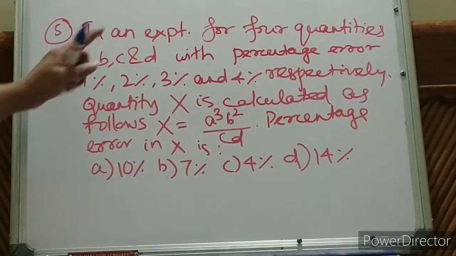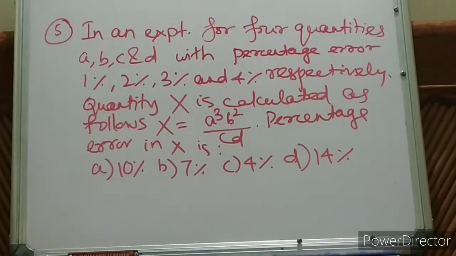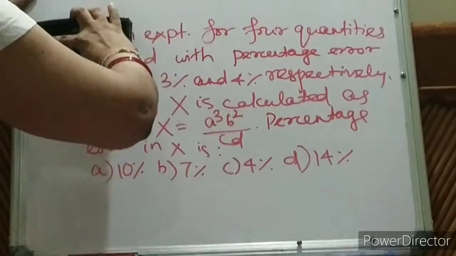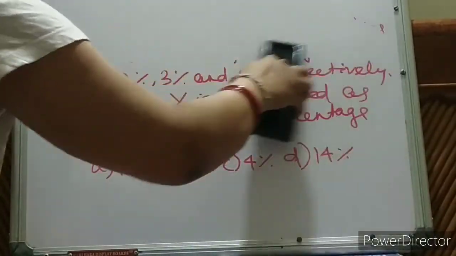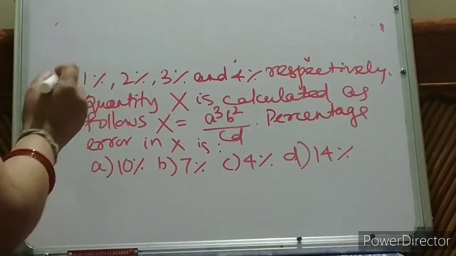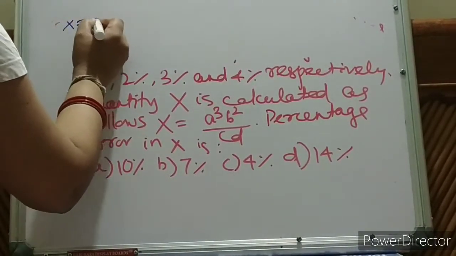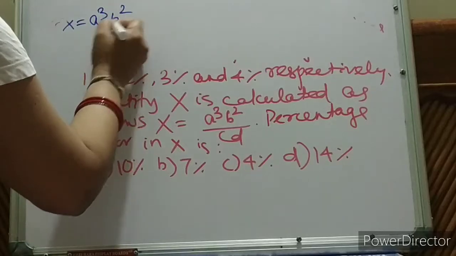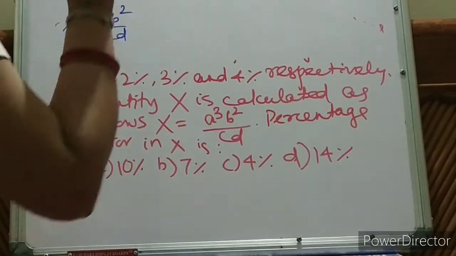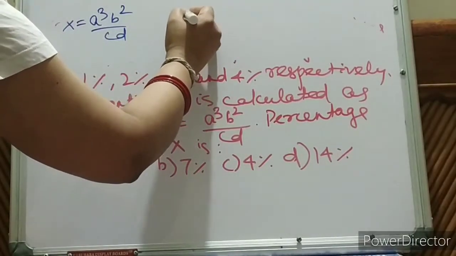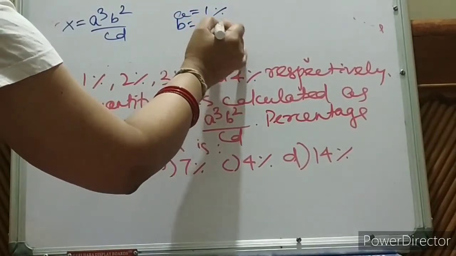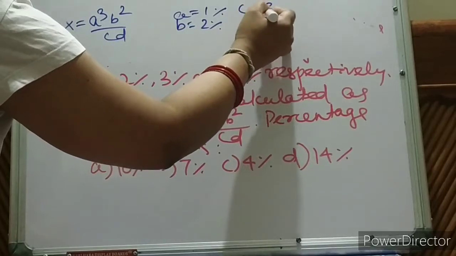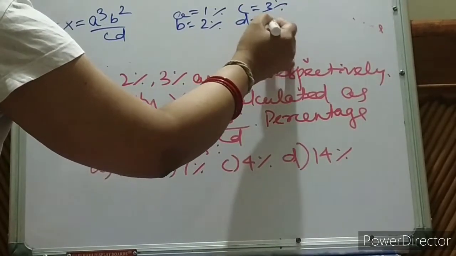Okay, children. Have you noted it down? I have to clear it out. So let me clear over here first, and let me write the data. What is the data? X is given as A cube B square by CD, and the percentage error for A is 1%, for B it is 2%, for C it is 3% and for D it is 4%.